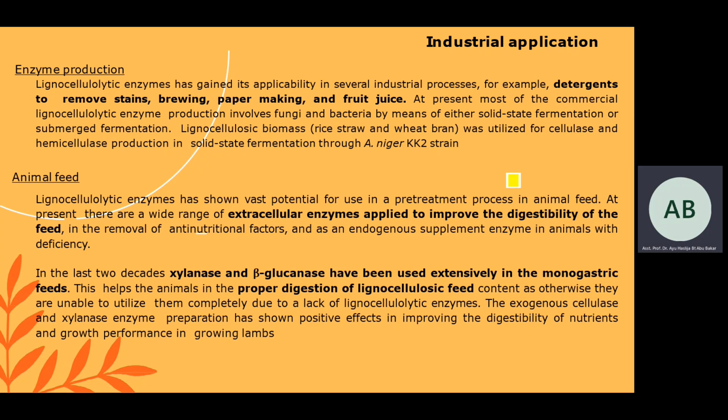I don't remember the brand, but some of them use enzyme technology in their detergent to remove stains, brewing, paper making, and fruit juice. Okay, so this type of enzyme will specifically target the stain, so it will be easier to remove the stain.